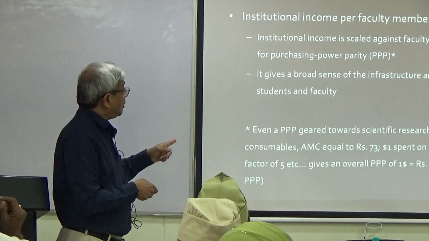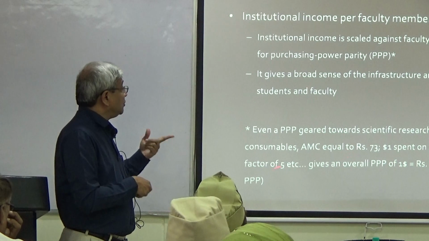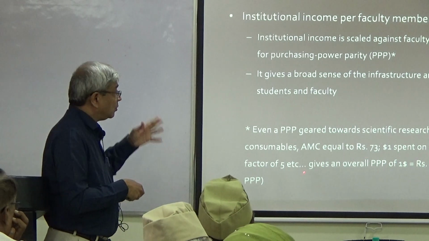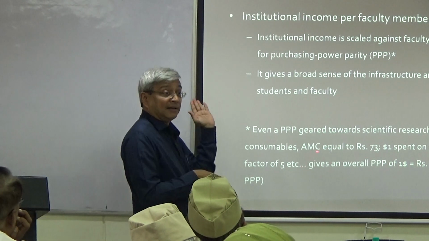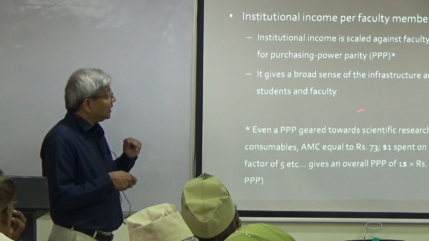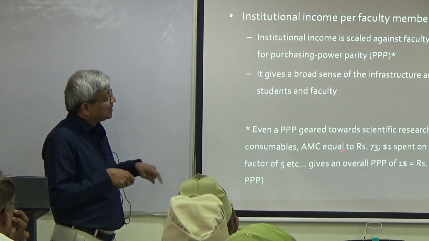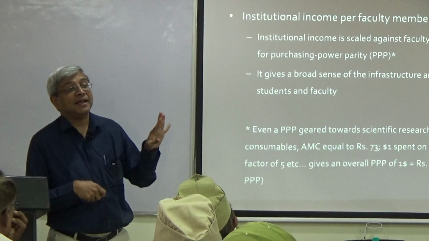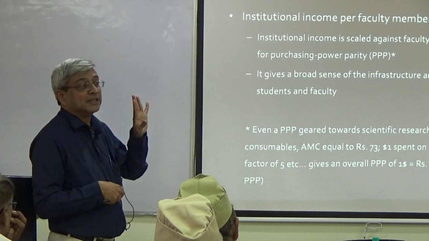On the other hand, salaries, etc., we did by a factor of 5, looking at the average salaries here and abroad. Even if we do that, very interestingly, it still gives a PPP of 18 rupees to a dollar.